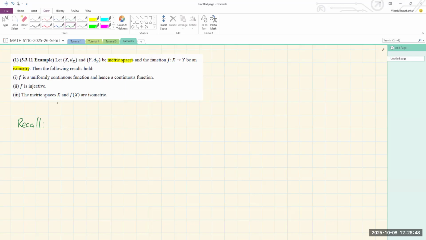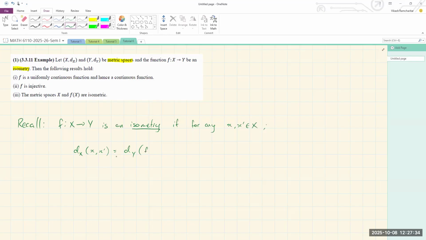Okay, so we have two metric spaces. We say a function f between two metric spaces is an isometry if, for any two points, let's say x and x prime in X, the distance of these two points with respect to the metric in X is equal to the distance with respect to the metric in Y of the corresponding images of these two points.